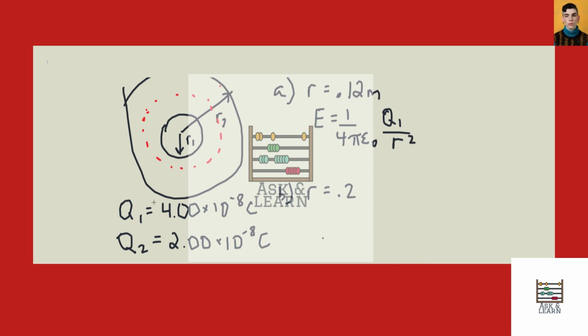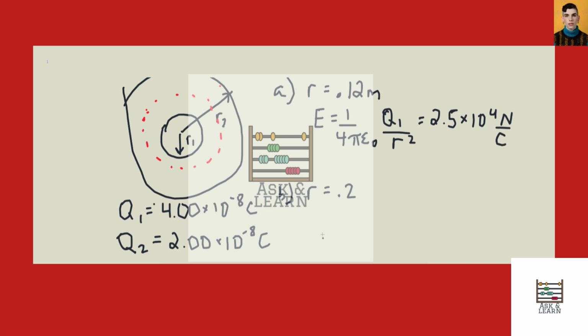And so you can totally ignore what's going on with Q2, again, by Gauss's law argument. When I plugged in all of these variables, I obtained 2.5 times 10 to the 4 newtons per coulomb.